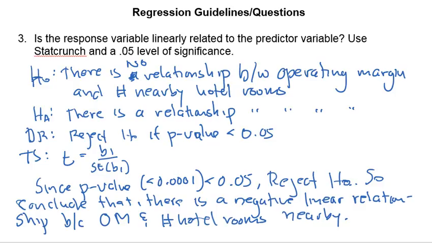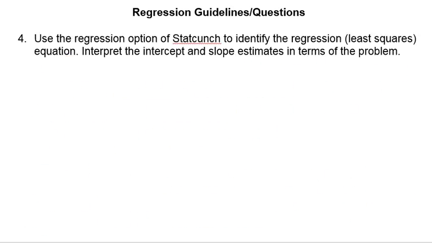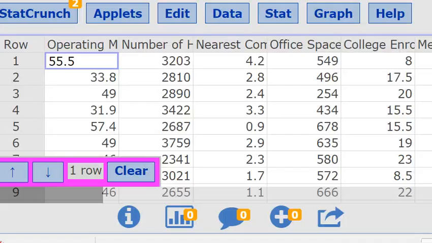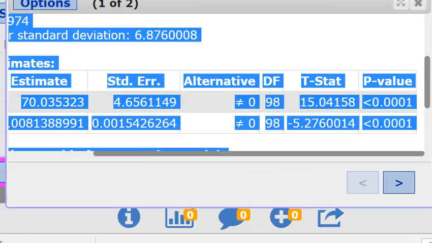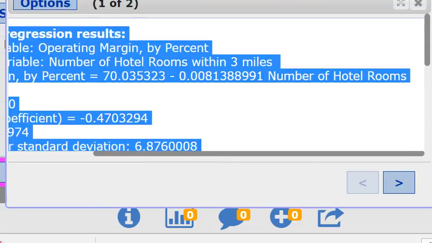Okay, we've got one more slide to go, and we know from the last slide that we can actually make predictions. So let's see what our equation is, our predictor equation, if you will. Let me go back to StatCrunch. I'm not sure why it's highlighted, and I'm not sure how to get it off.